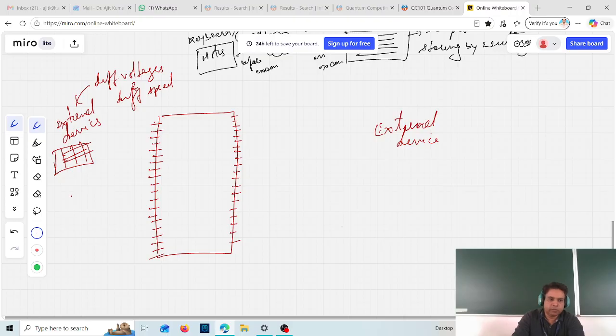Each one of these devices operates on different voltages and different speeds, so the microcontroller is unable to handle them directly.